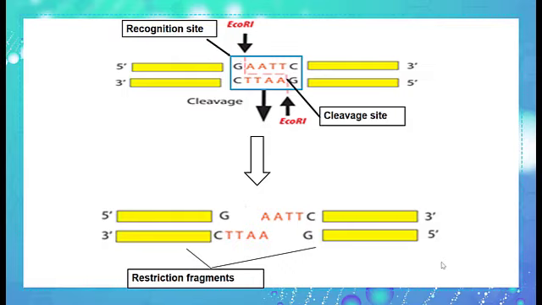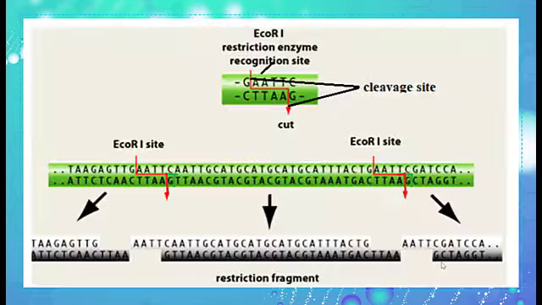The number of restriction fragments obtained after the cleavage by a restriction enzyme depends on how many times the enzyme cuts the DNA. In this example, EcoR1 has 2 recognition sites within the given DNA molecule. So, EcoR1 will cut twice through this DNA molecule. 3 restriction fragments are obtained, as you can see.